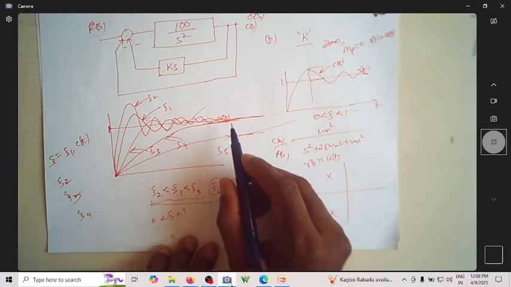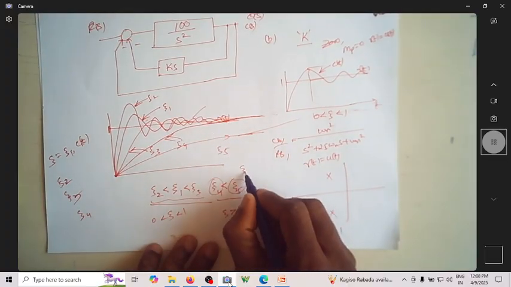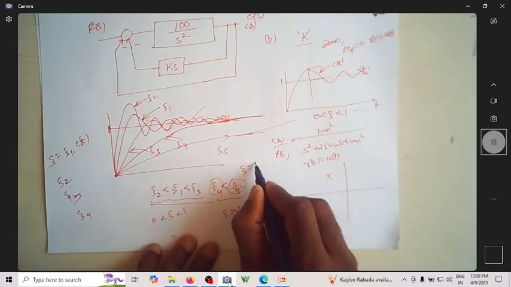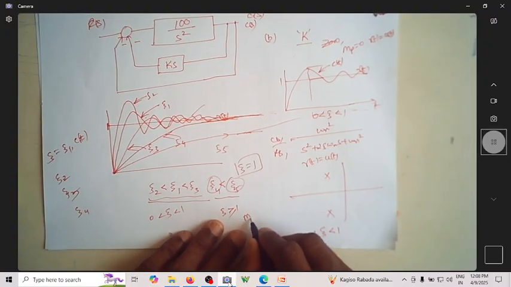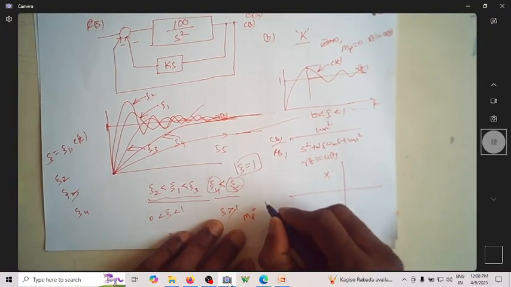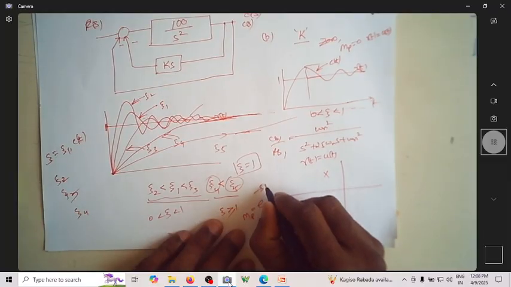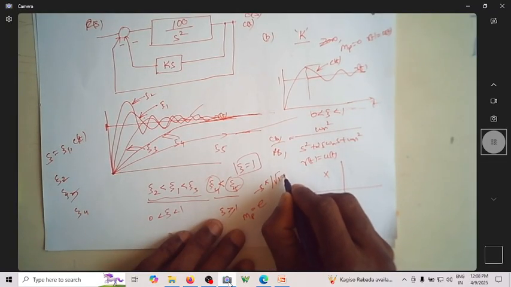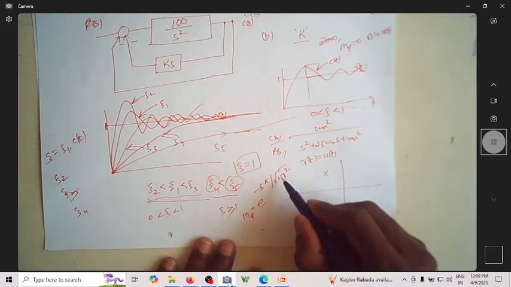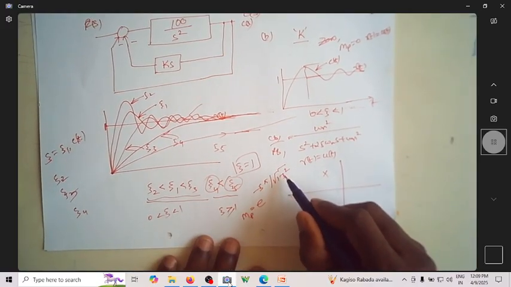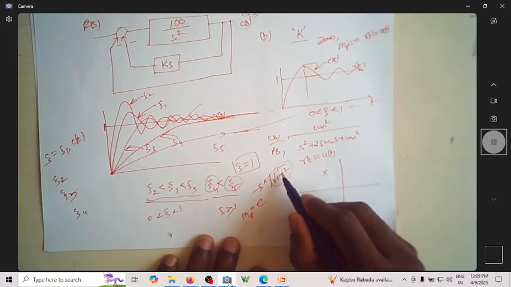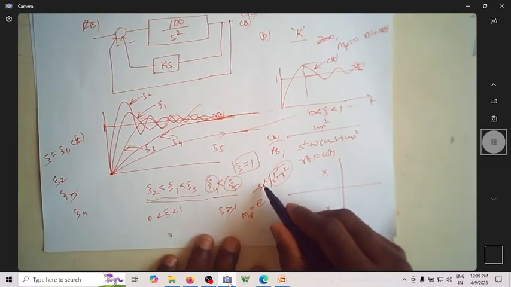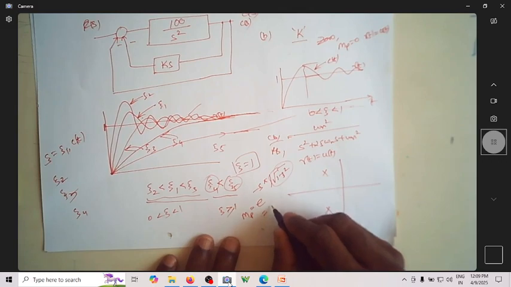So for zeta equal to 1, if you substitute this expression for MP, what is MP? It is e power minus zeta pi by square root of 1 minus zeta square. Whenever zeta is equal to 1, this term becomes 0, then you have e power minus infinity, which is equal to 0.